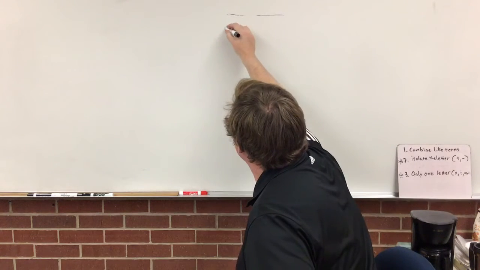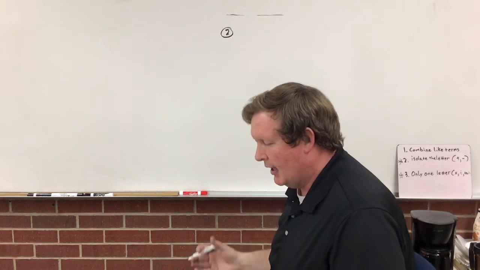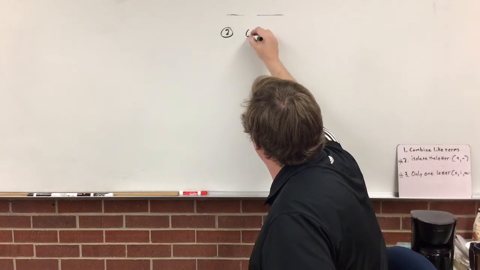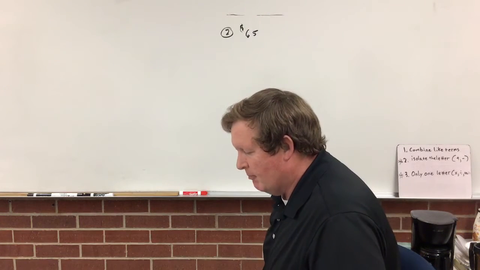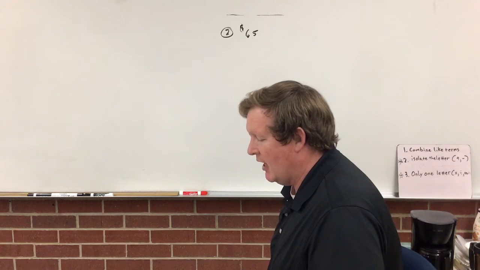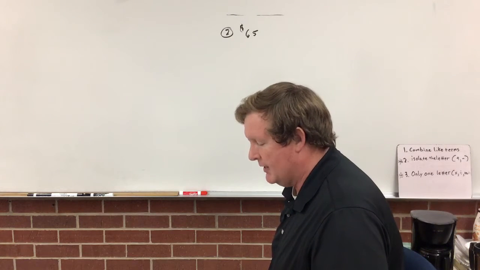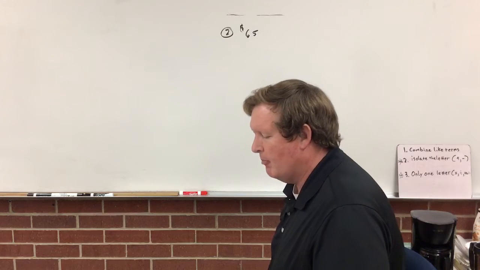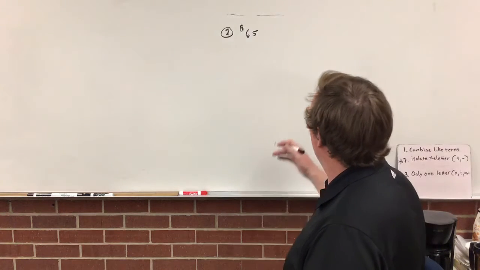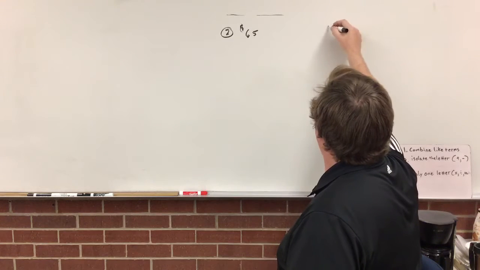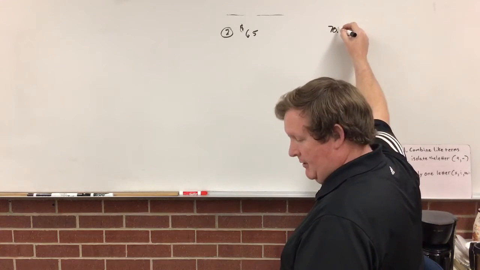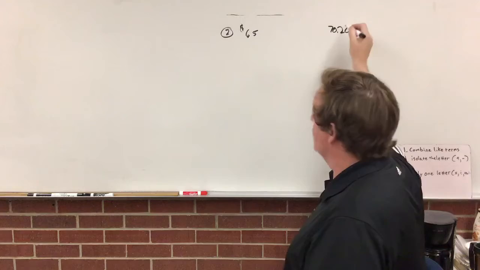Number 2 says, a parka that sold for $65, okay, that could be the old price, is marked up to $70.20. What is the percent of markup? Okay. So in this situation, we know the old price and we know the new price, $70.20.